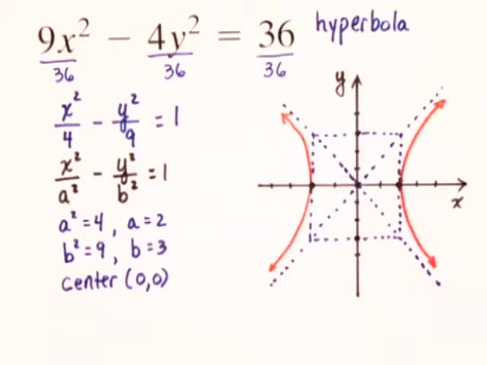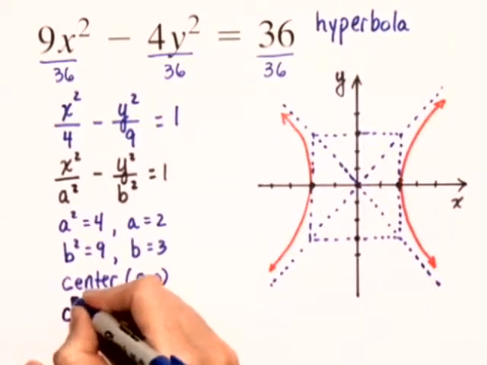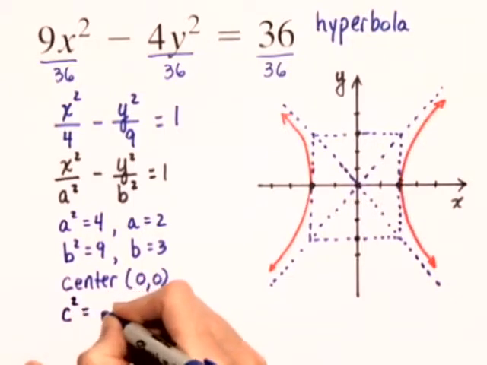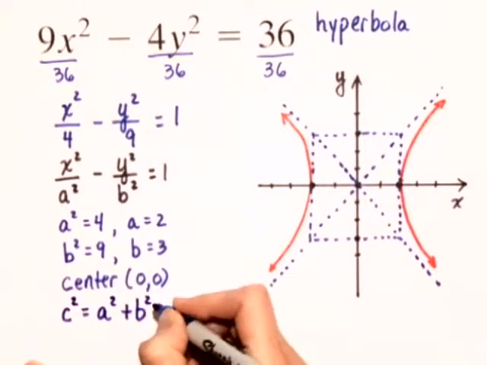So we're asked for a little bit more information. Although we don't need the foci to graph the equation, we can still come up with the points where the foci are located. So in a hyperbola, we know that we have the relationship that c squared is equal to a squared plus b squared.